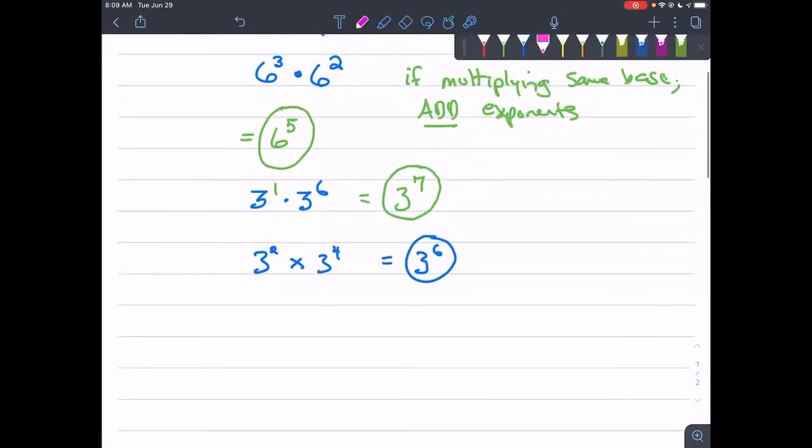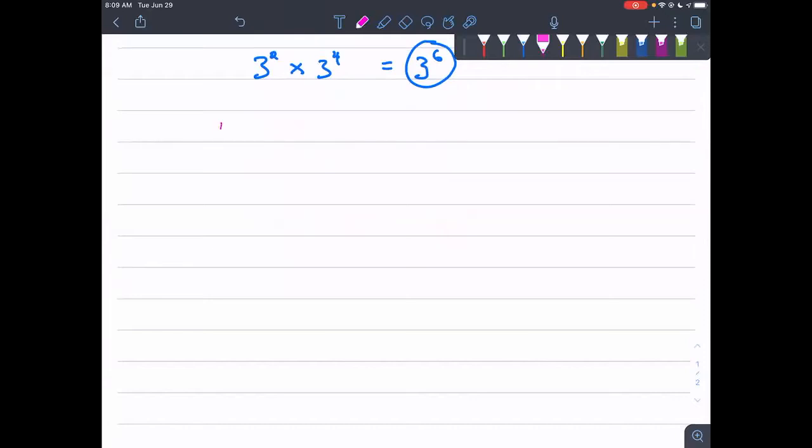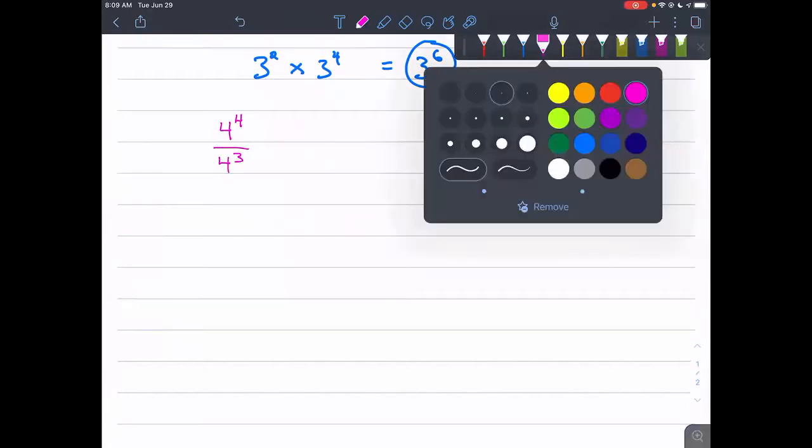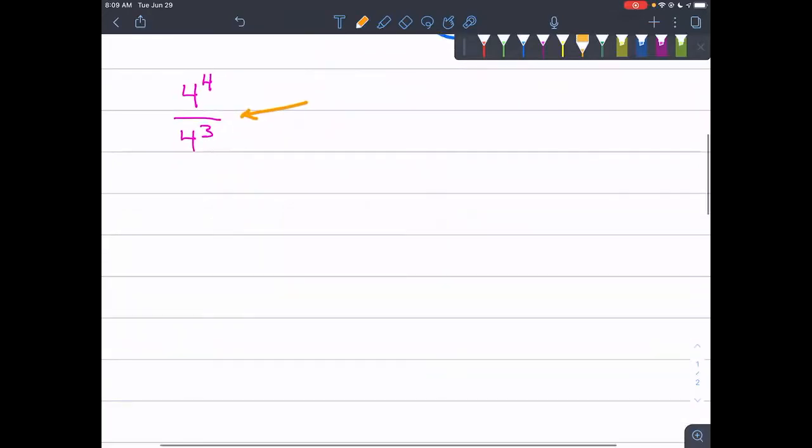Okay, so multiplying the same base, you add exponents. Next, we'll look at 4 to the 4th over 4 to the 3rd. A fraction is basically a division problem, 4 to the 4th divided by 4 to the 3rd.